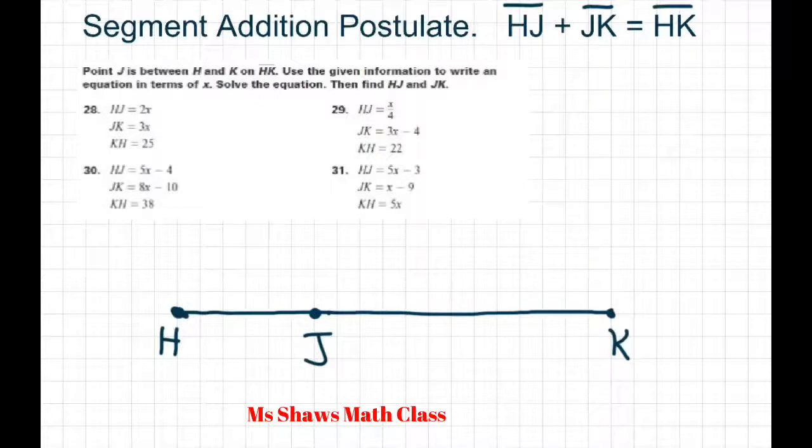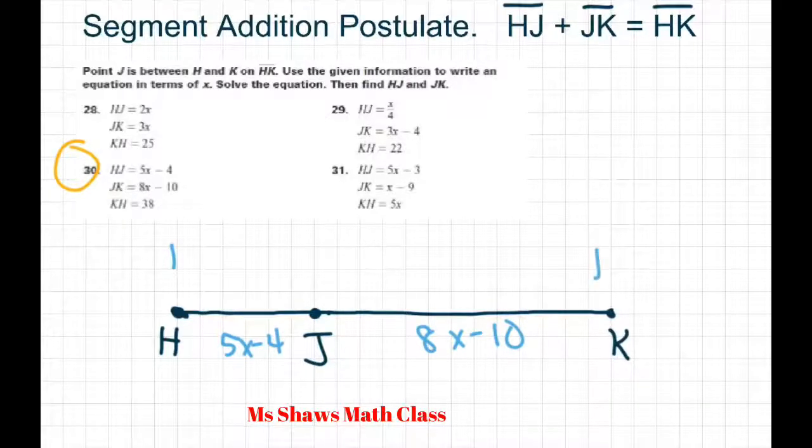Okay, let's try 30. And we're going to go a little faster. We have 5x minus 4. We have 8x minus 10. And the total length of KH is 38.